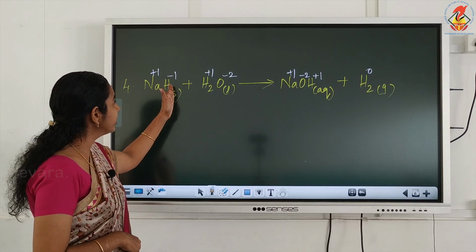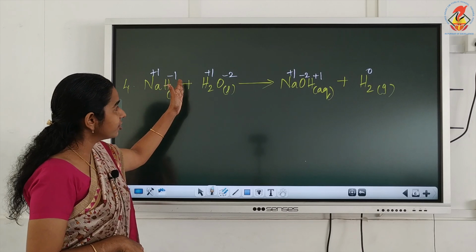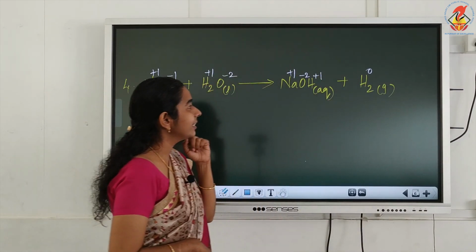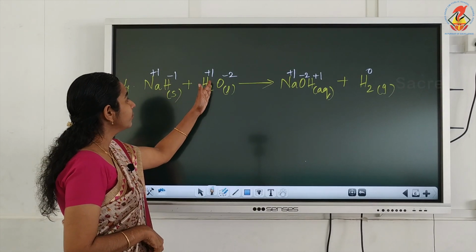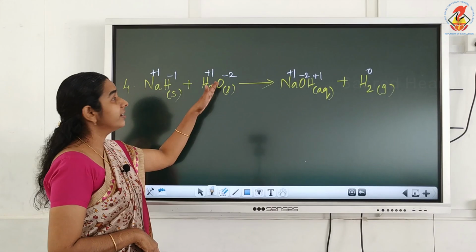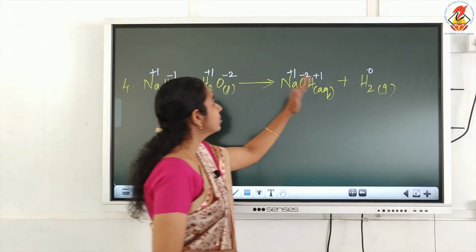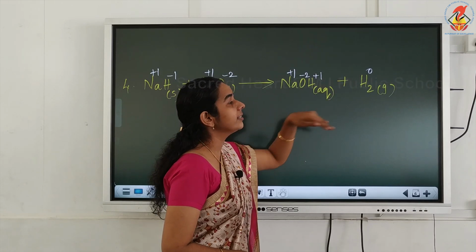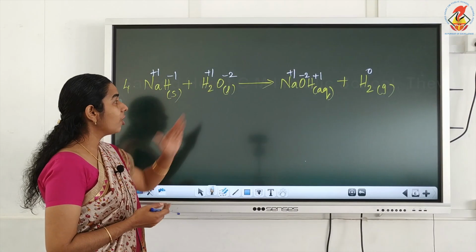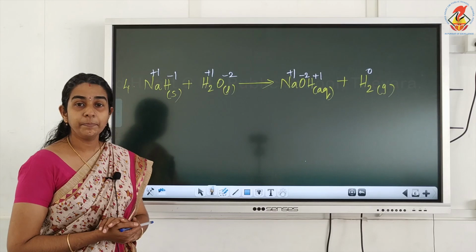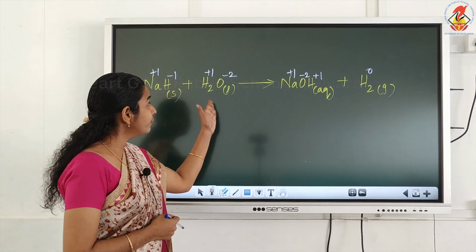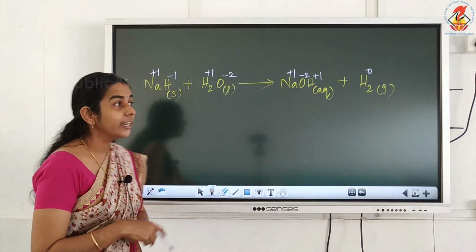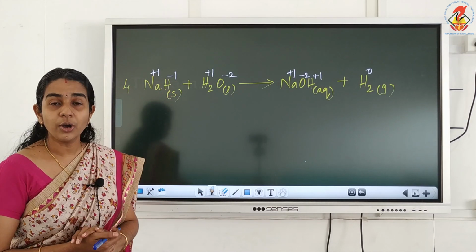Here hydrogen is in -1 oxidation state, here it is +1, and in one more case it is 0. So here one more hydrogen is there in the +1 oxidation state. On the right hand side we have +1 and 0 oxidation states. Oxygen also, when we compare the left hand side and the right hand side, there is no change in oxidation state for sodium and oxygen.